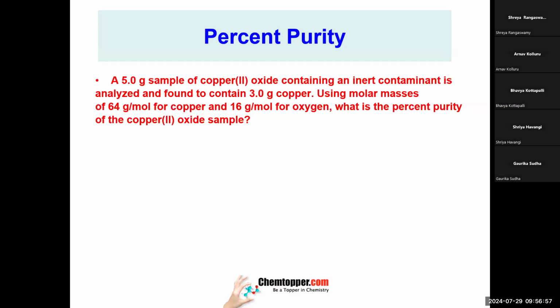Okay, look at this question. Read it very carefully. Give me the formula of copper 2 oxide.